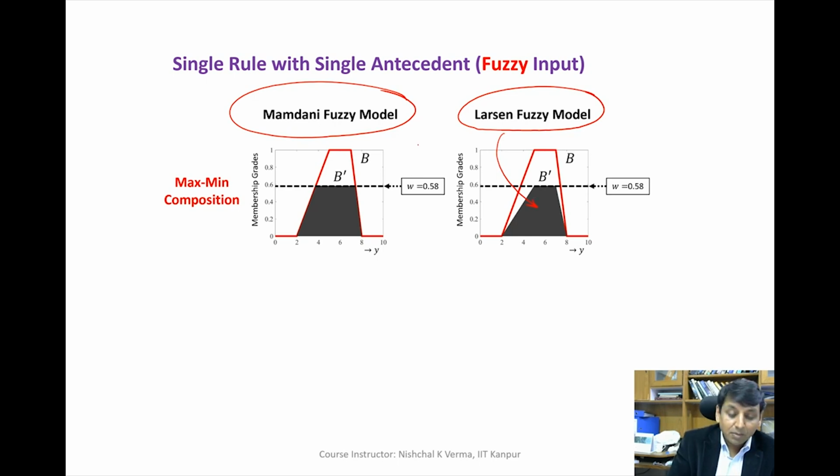We see that in the Mamdani fuzzy model, this W was just used for truncating the fuzzy set B. But here in the Larsen fuzzy model, we get the scaled down output. So this is how we can compare the Mamdani fuzzy model and the Larsen fuzzy model for a single rule with a single antecedent fuzzy input A dash.